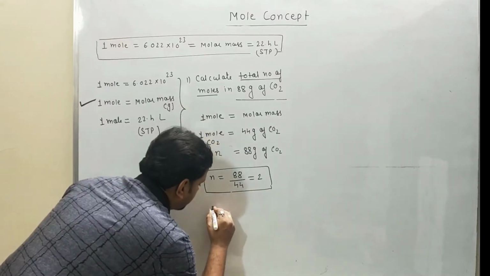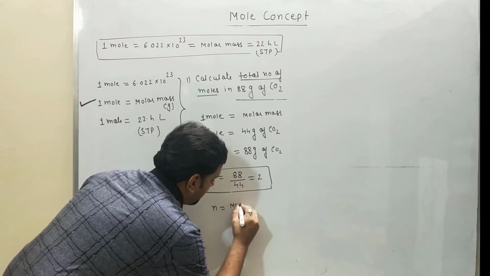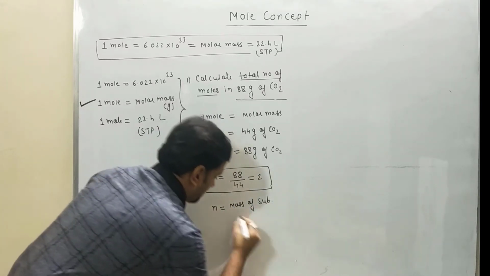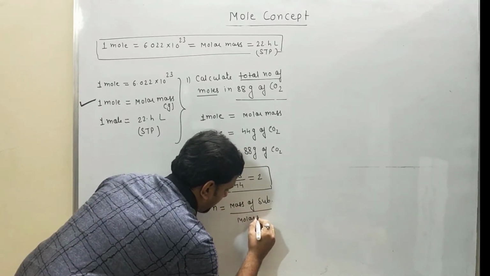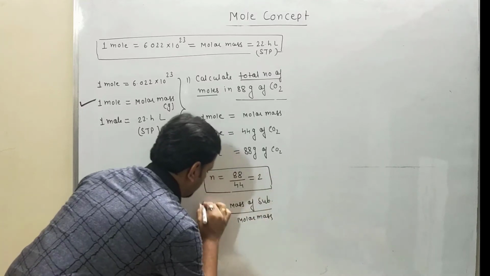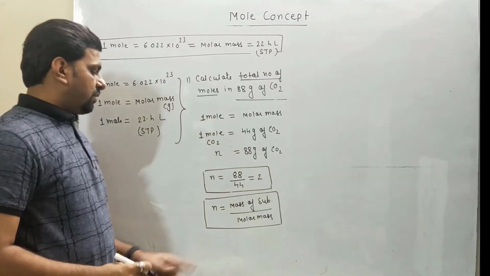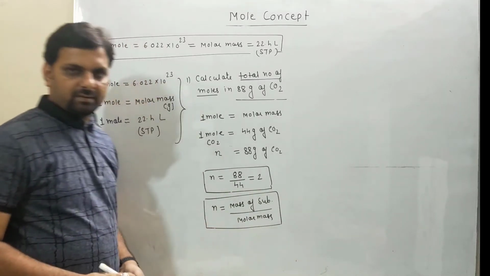So we can write n equal to 88, the mass of given substance, divided by 44, the molar mass. So using this formula you can easily calculate number of moles.